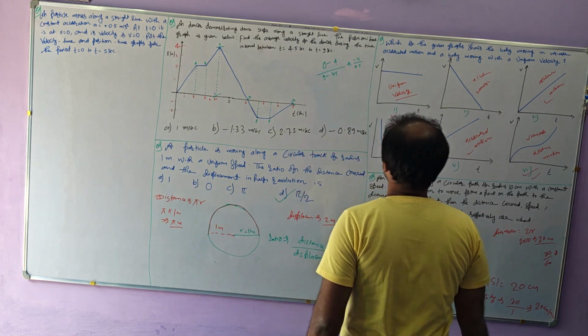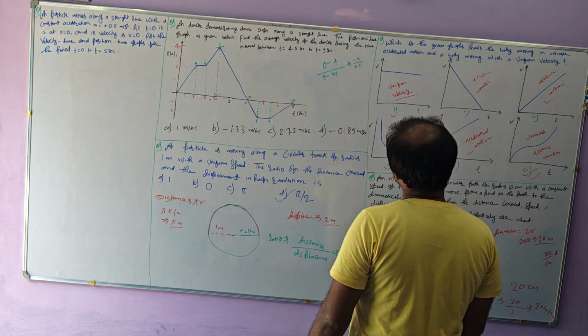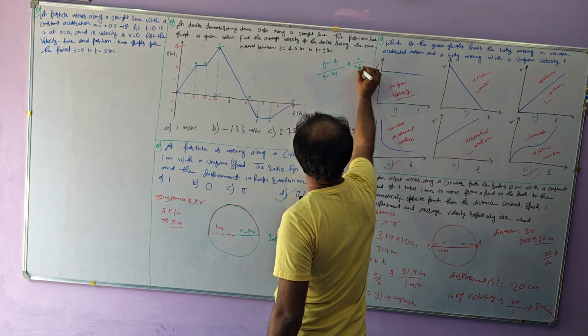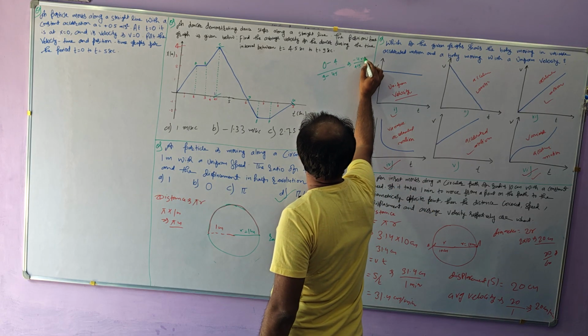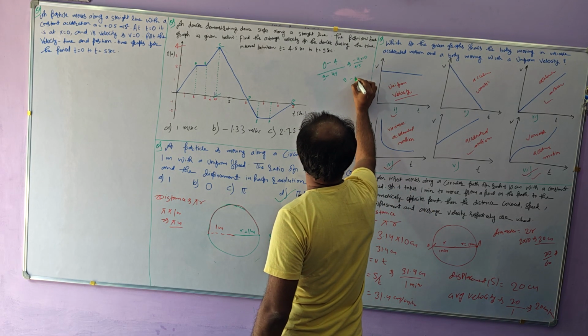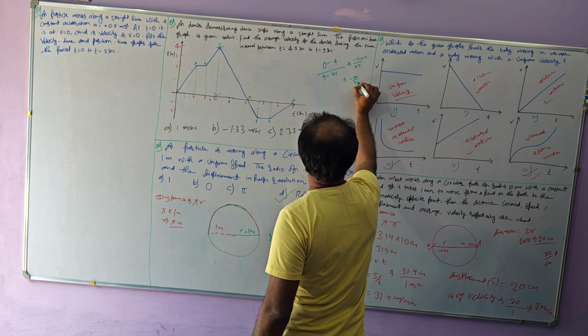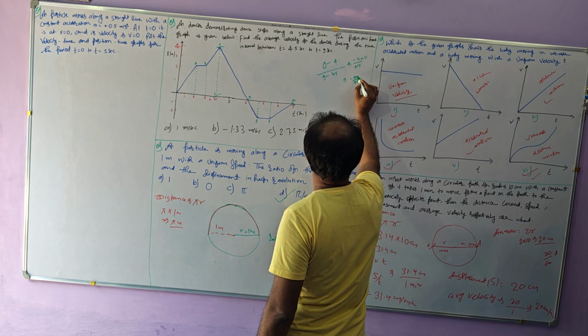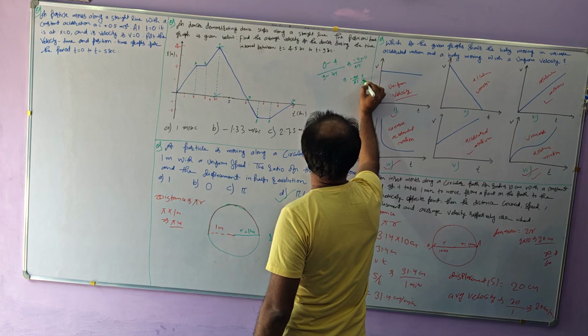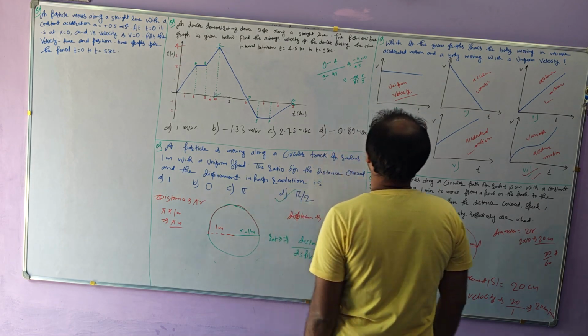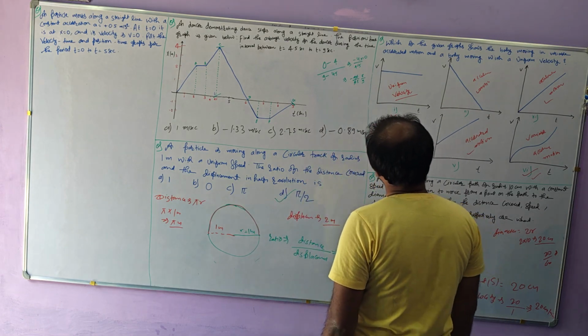When we divide it, it becomes minus 40 upon 45, that is 8 upon 9.